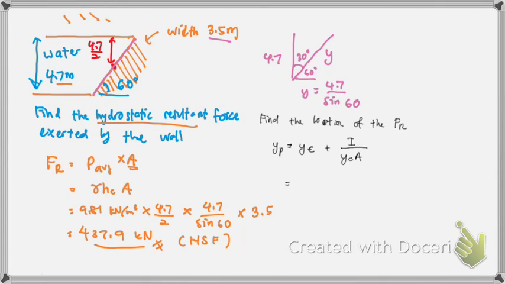So where do we get yc? Here we have a y, so yc is half of this.